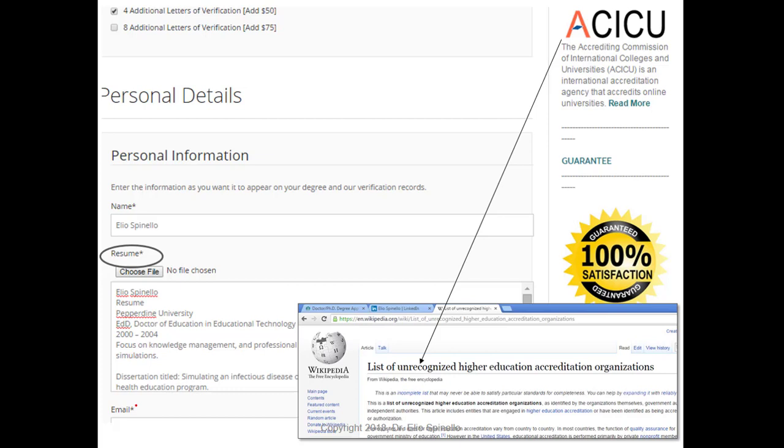And down here on this page, you enter your resume. You paste your resume into this little box down here, and then you put in your information and your credit card, and they do accept all major credit cards, and you're good to go. Now, by the way, they claim that they're accredited by the Accrediting Commission of International Colleges and Universities.